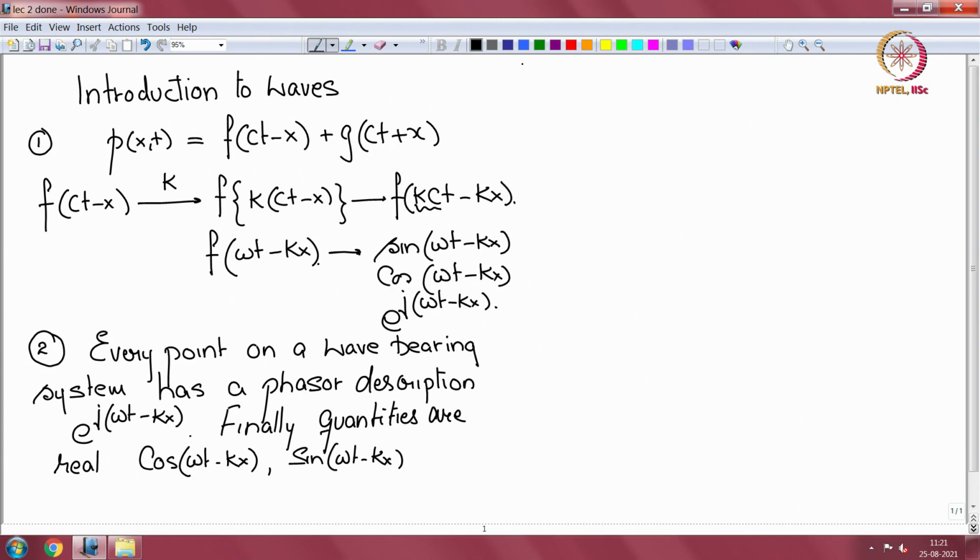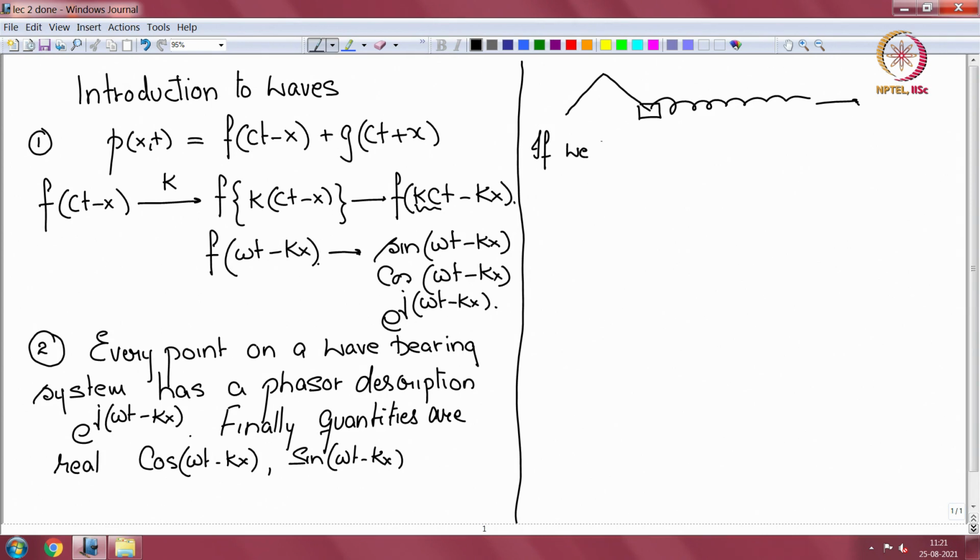So in that crank and spring example, if we freeze time, that means in these expressions we freeze time and then we move in space, then the expression is a sinusoid, right?